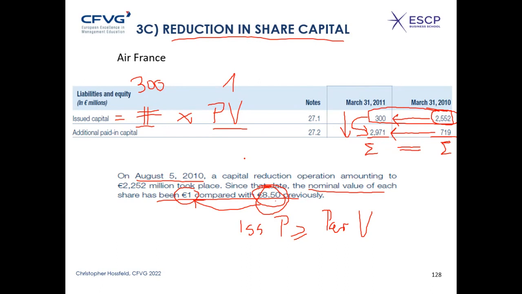So a very low par value means that this corporate law limit, that I need to issue shares at a higher value than that, is not really a restriction, because hopefully my share price stays well above 1 euro. That's an example of a reduction in share capital where I changed the par value. Later on, we'll see a reduction where I change the number of shares, which also is possible, but that's a little bit later.